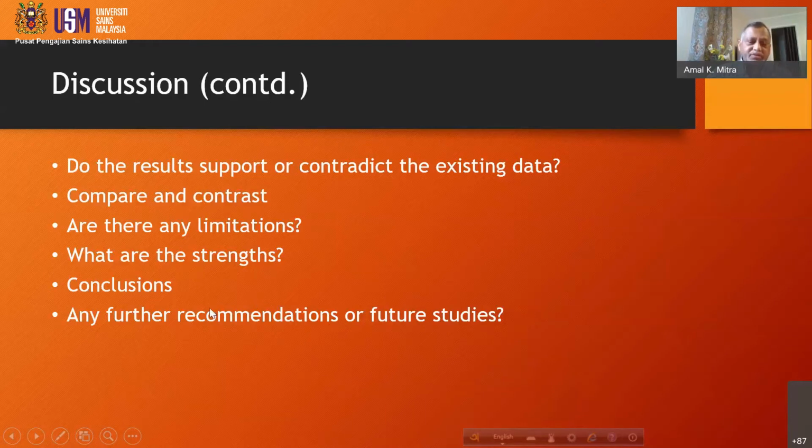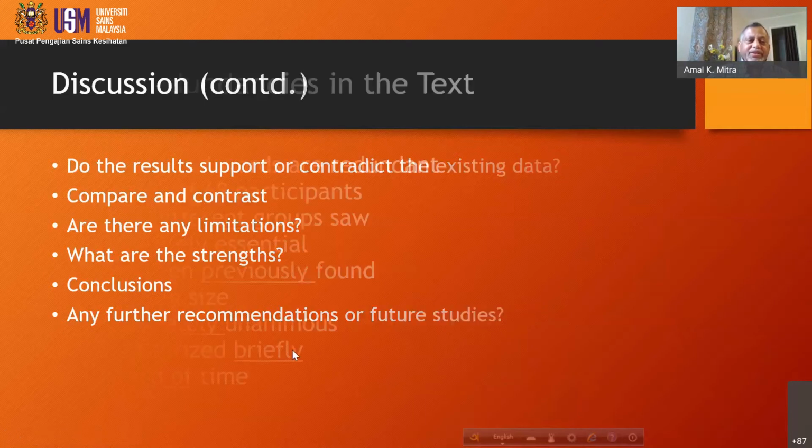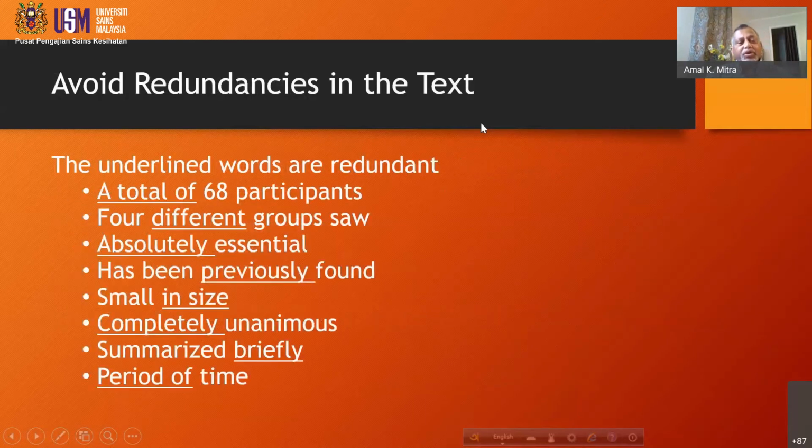Some journals want a separate section. Then only you use a recommendation as a separate section. Otherwise, not. Otherwise, it's just a part of the conclusion. Okay, that's the part of the whole body of the paper.